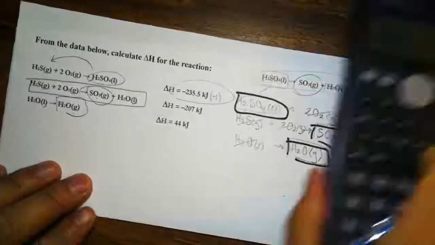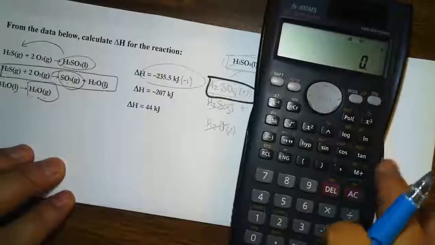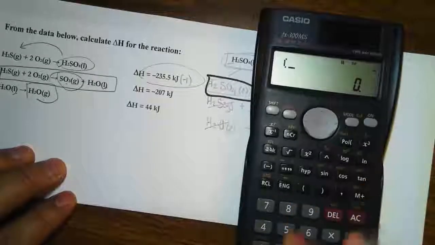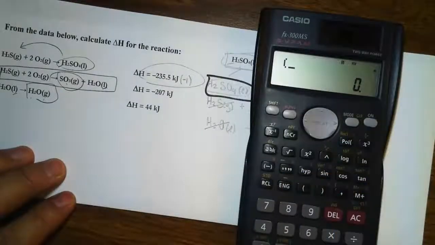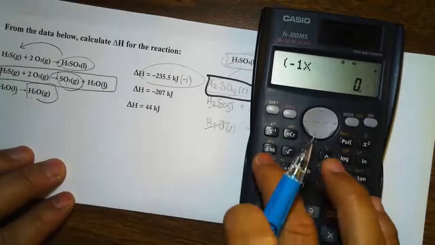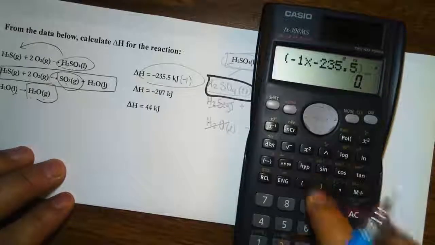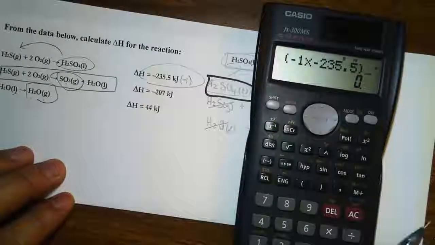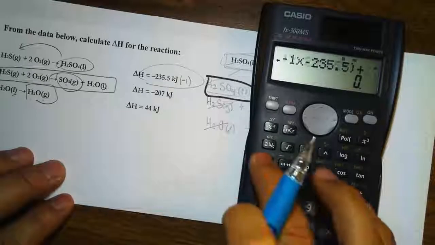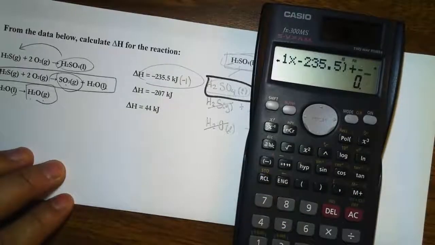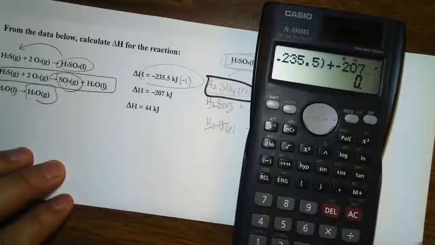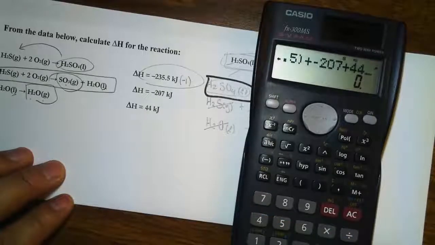So let's use our calculator and plug them in. Of course, we use parentheses and plug everything in. We have -1 times that negative answer, which is -235.5, in parentheses to group that together, and we just add negative, okay, remember, don't use this minus sign as a negative, 207, add 44, and that gives us our answer.